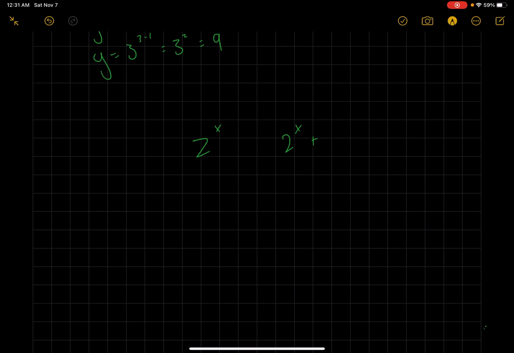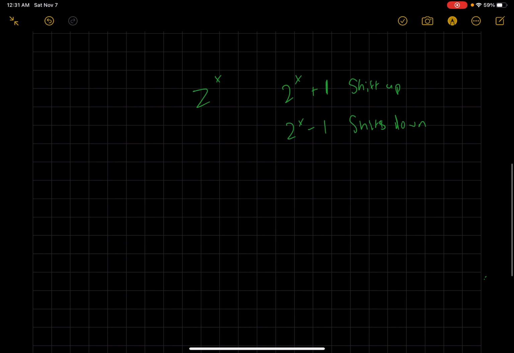When we add something to an exponential function, it shifts up. When we subtract something from an exponential function, it shifts down. All right, when we put a negative sign in front of an exponential function, it flips across the x-axis.